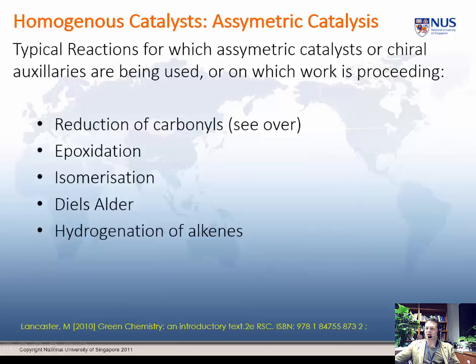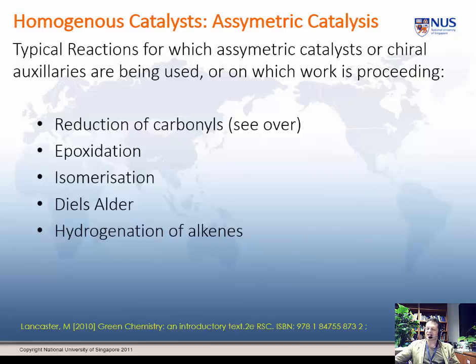Typical reactions for which you might use asymmetric catalysts or chiral auxiliaries, and on which work is proceeding, might be reduction of carbonyls, epoxidation, isomerization, Diels-Alder, hydrogenation of alkenes. These are mainline chemistries, not necessarily your pharmaceuticals.